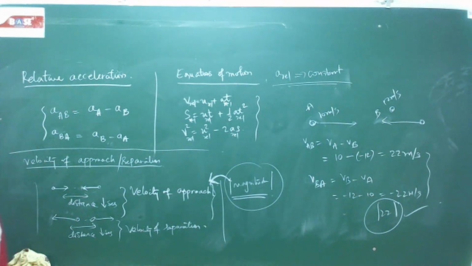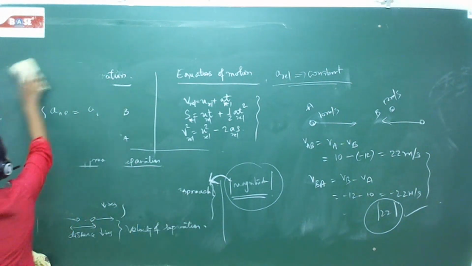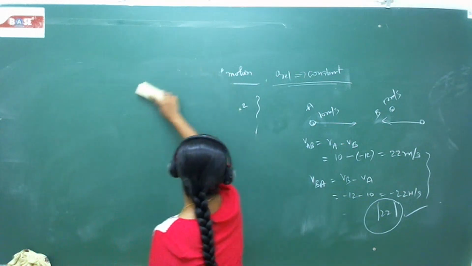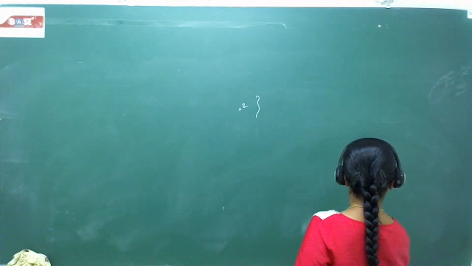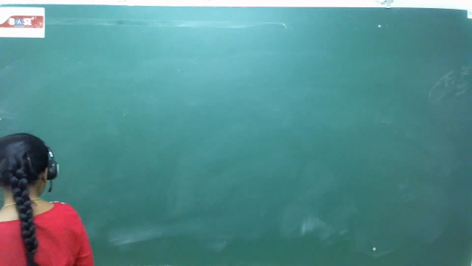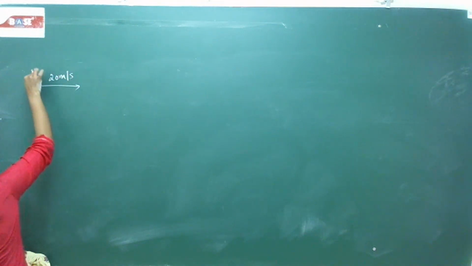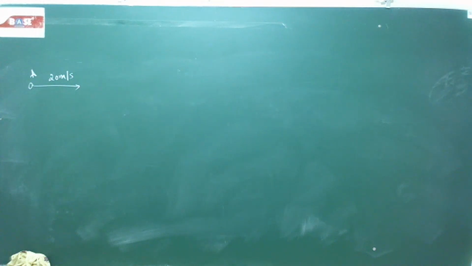Okay, now another example. A particle A is moving with a speed of 20 meter per second towards the right, and another particle B is moving at 5 meter per second.